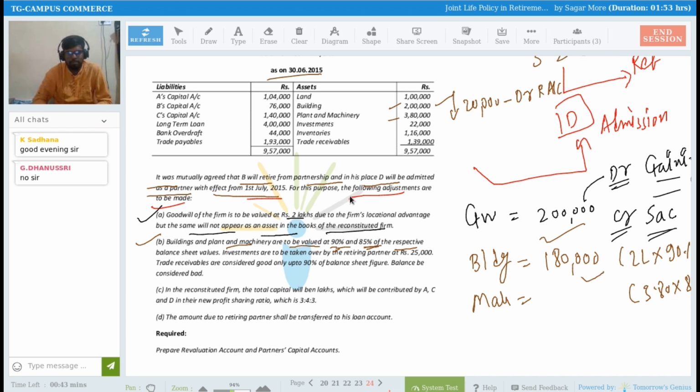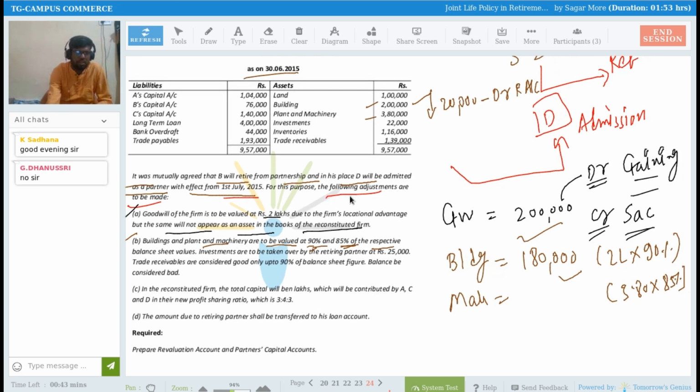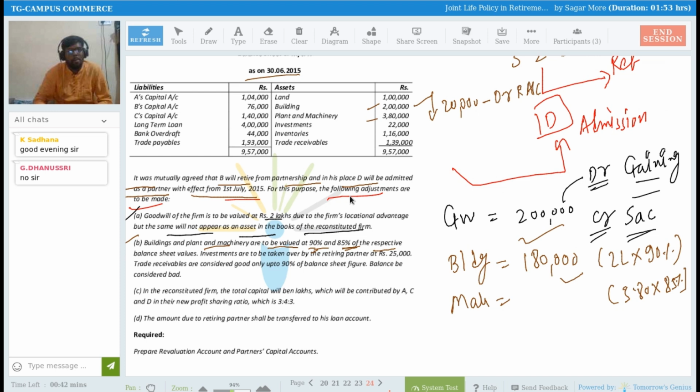What will be the value of machinery? 3,80,000 multiplied by 85%. You can use calculator. Let me know the answer, Sadhana and Dhanishri.